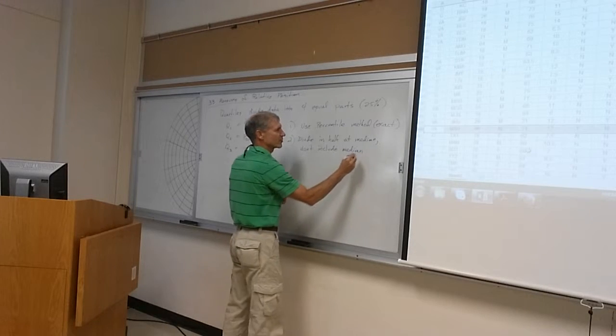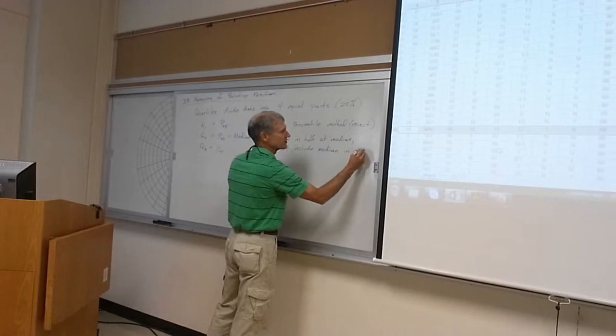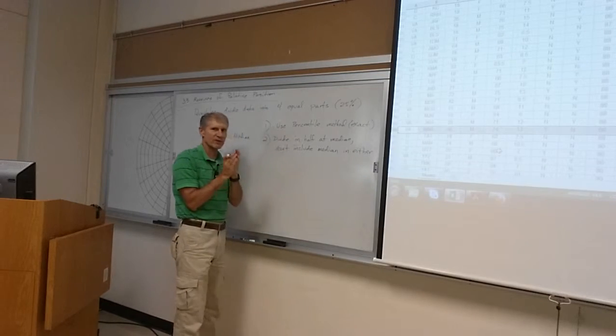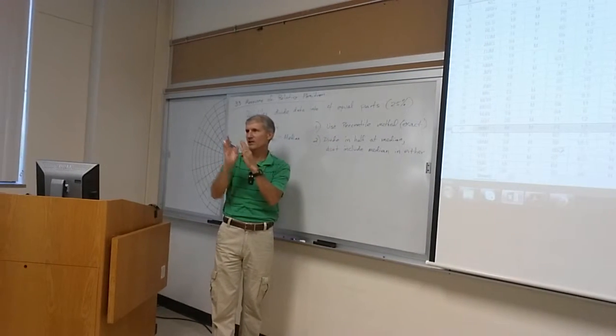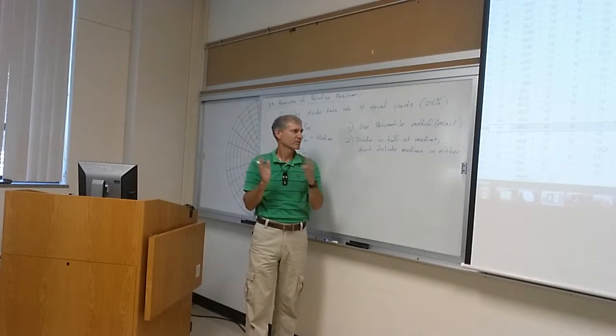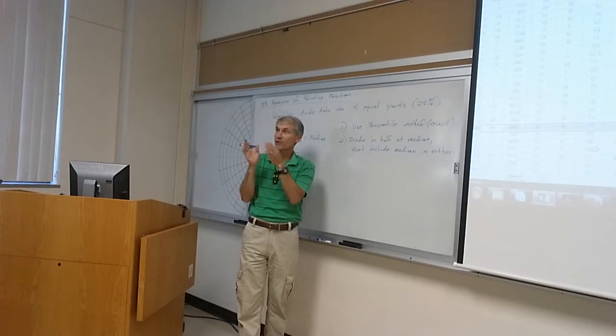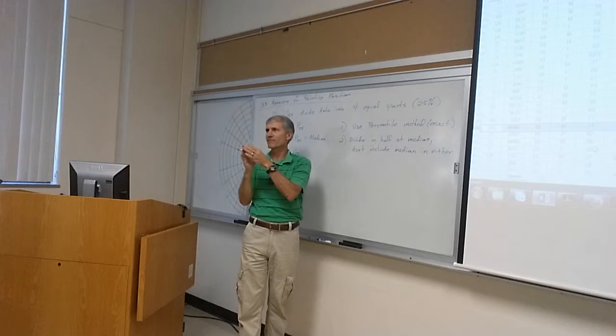If you have an odd number of observations, the median is the exact middle number, so it gets left out of the lower half and left out of the upper half. Right? So you take each side of that. If you have an even number, the median's halfway between, so the median's not in the data anyway. So then you just take the lower half and the upper half.